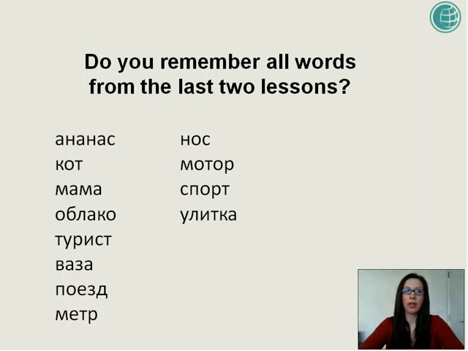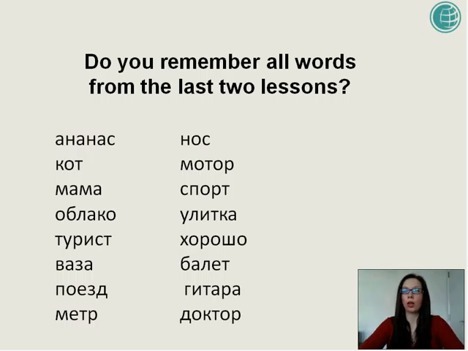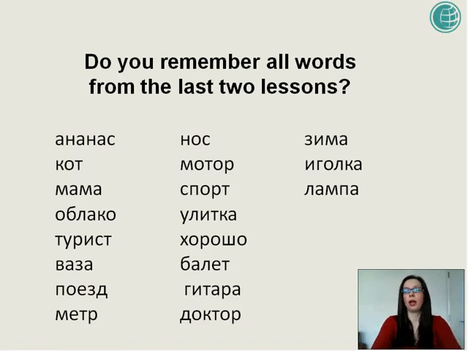Улитка, snail. Хорошо means good, well, okay. Балет, ballet. Гитара, guitar. Доктор, doctor. Зима, winter. Иголка, needle. Лампа, lamp.